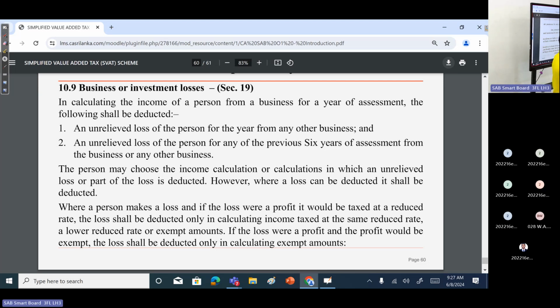The loss shall be deducted only in calculating income tax at the same reduced rate. And that particular loss I can set off against the profit where the profit is also taxed at the same reduced rate.